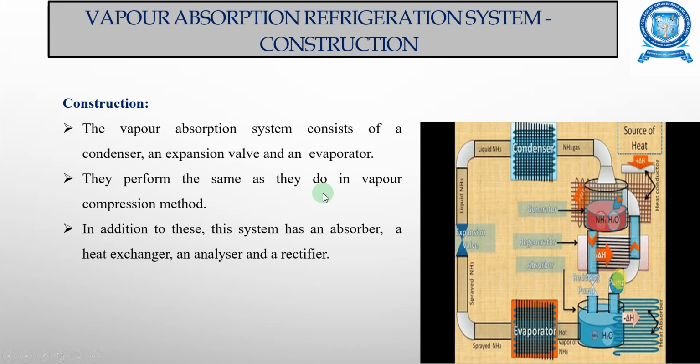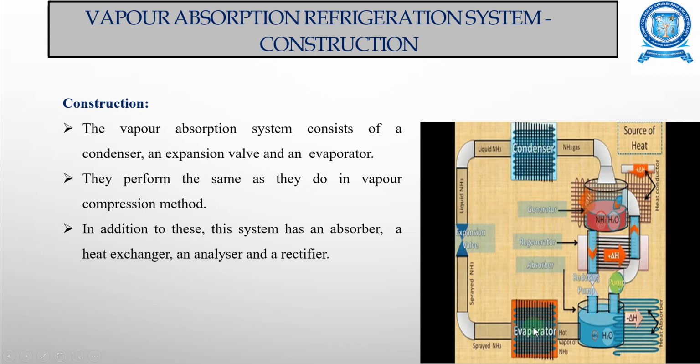Coming to the construction, you can see here an animated view of this vapor absorption refrigeration system. This system consists of a condenser unit, an expansion valve, and an evaporator unit. These units perform the same as they do in the vapor compression refrigeration system.